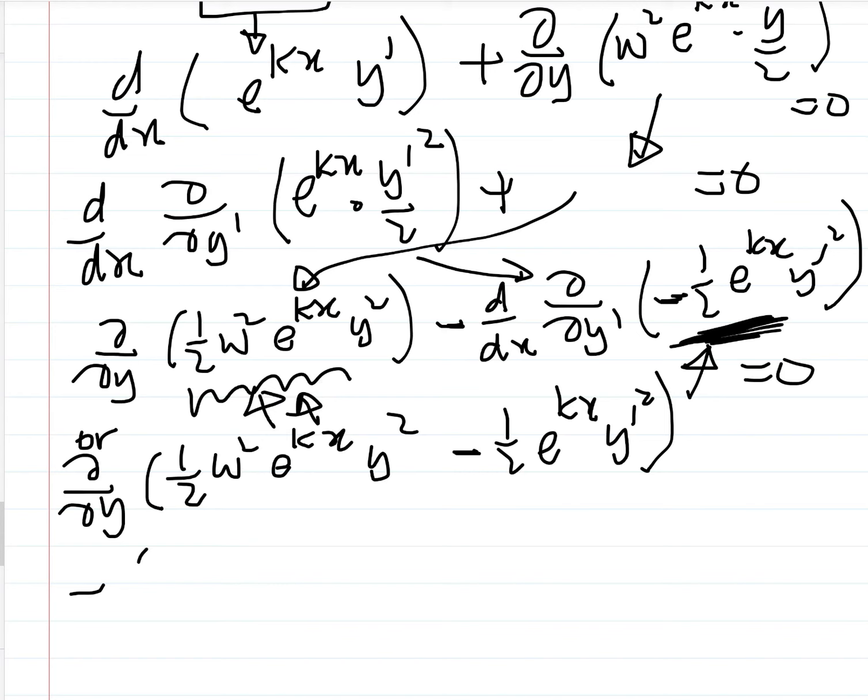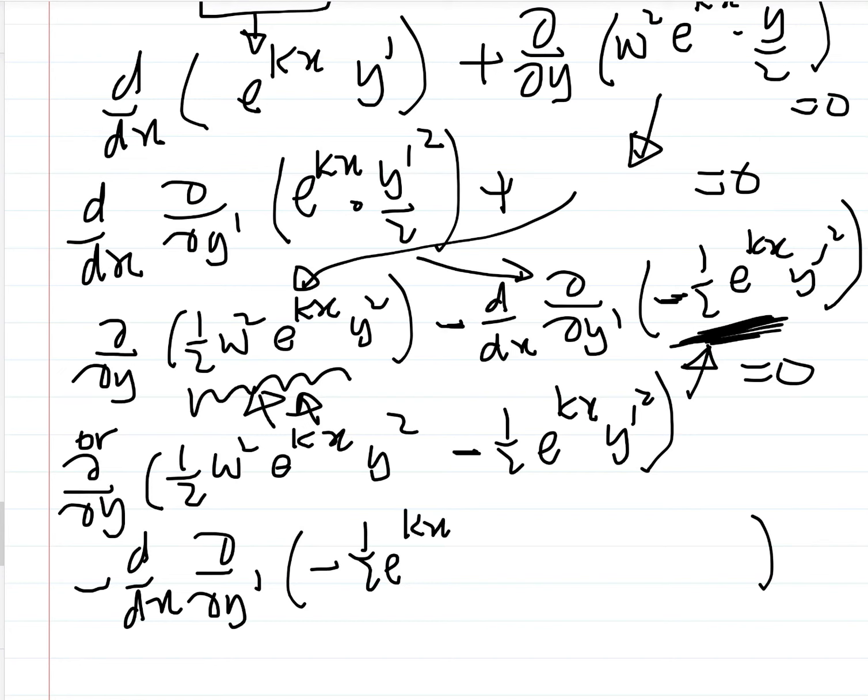Then this is the total derivative with respect to x, the partial derivative with respect to y dashed. I'm going to include the term I had in there from the previous step, but I'm going to add a constant. The constant will involve an x and a y.